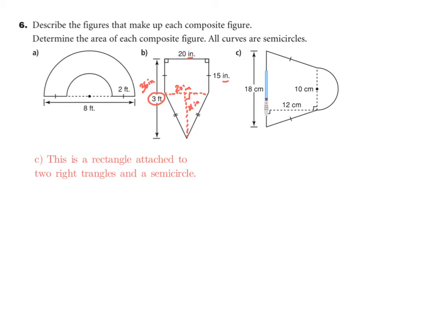Alright, part C, we have ourselves a rectangle here attached to 2 triangles on the top and on the bottom, and a semicircle. There's nothing cut out, so we just have to add up the area of the rectangle, the 2 triangles, and the semicircle. This is 18 all the way up and down. Now it doesn't tell me what this little area is, so I'm actually going to use a trick.